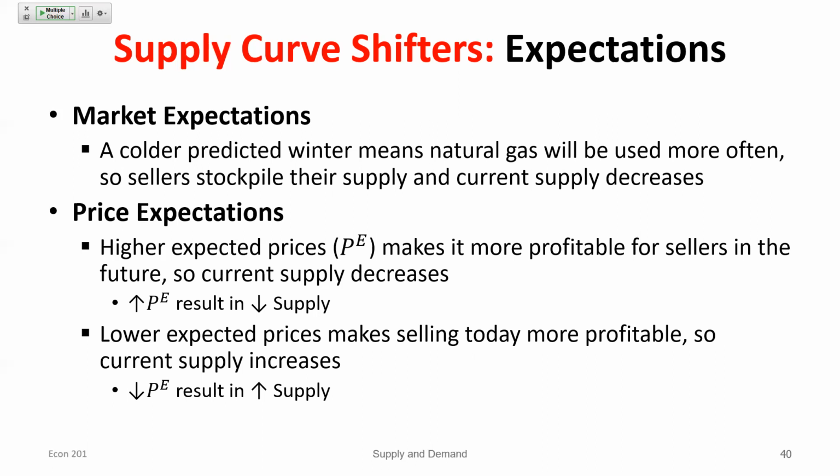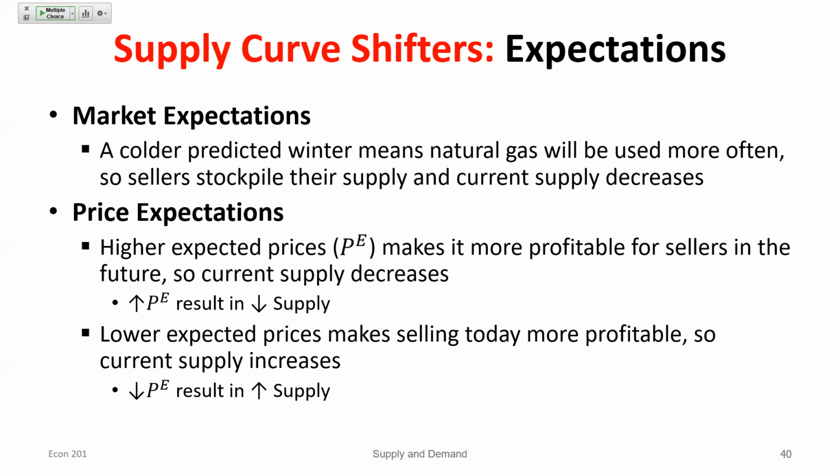Now I'll use this idea of a decrease in current supply, or a decrease in the supply now. But what if I expect prices to be lower in the future? Right? So I think that whatever good I'm producing, I'm going to be able to sell it for less money tomorrow.